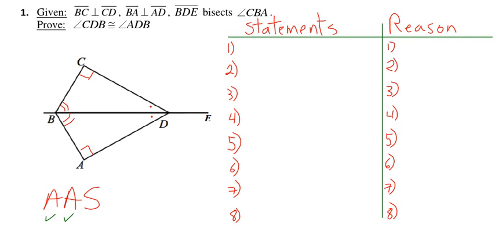And so I just need a side that is not included in between the two angles. So I cannot use this side, for example. It has to be either this side here or this side here. But as you can see, this side here is the same for both, which means that they have a congruent side in common. So I have already the side, and I'm using this one with the reflexive property.